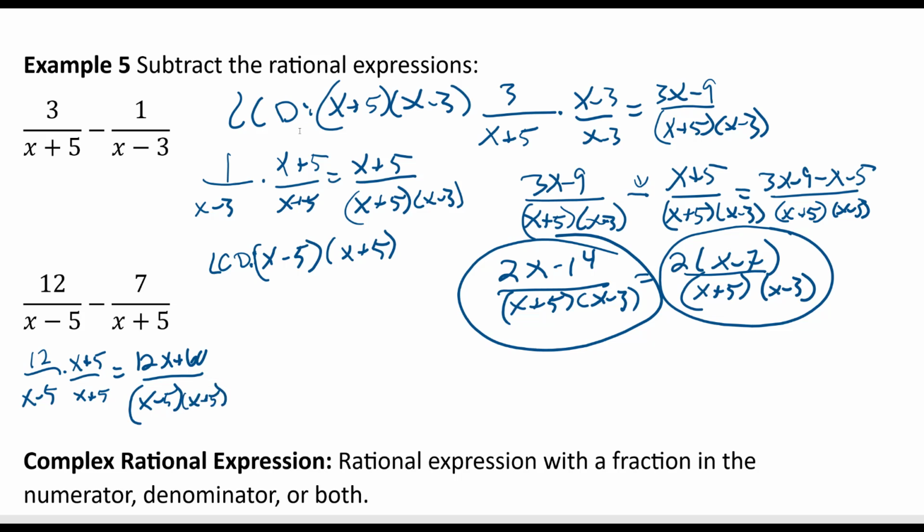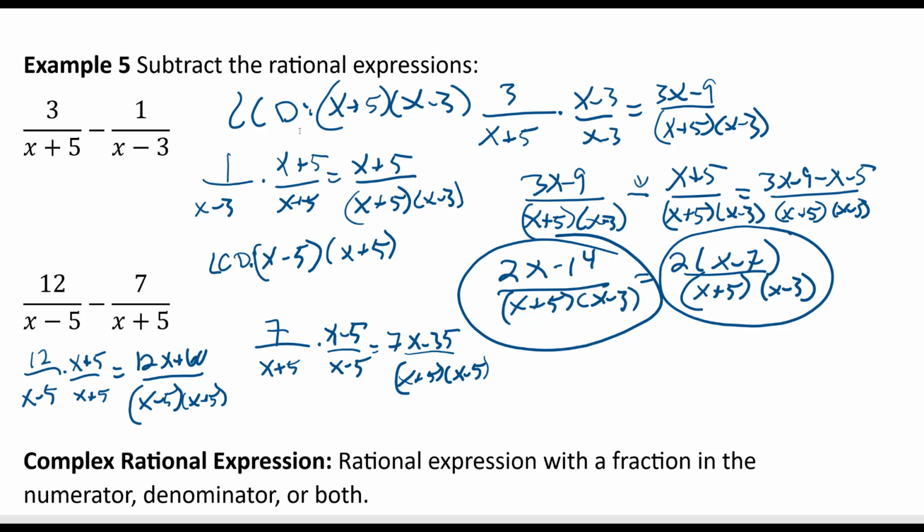Then we have a 7 over x plus 5 times x minus 5 over x minus 5. Remember, that's just 1. So we end up with 7x minus 35 over x plus 5 times x minus 5.